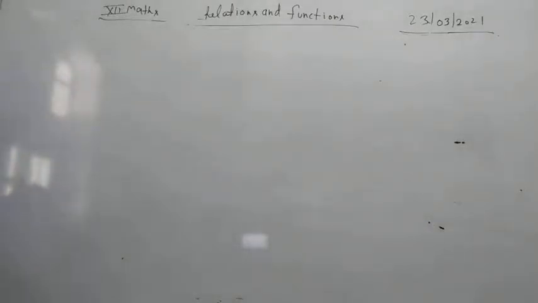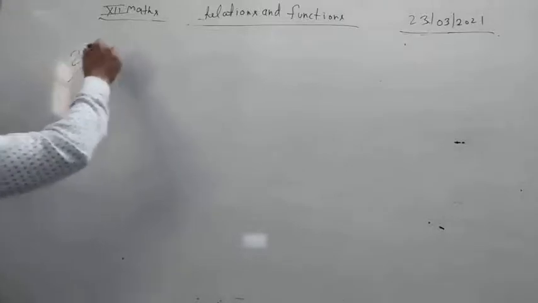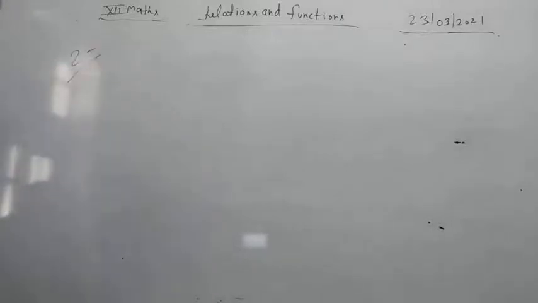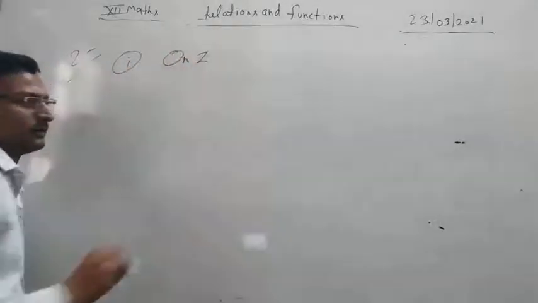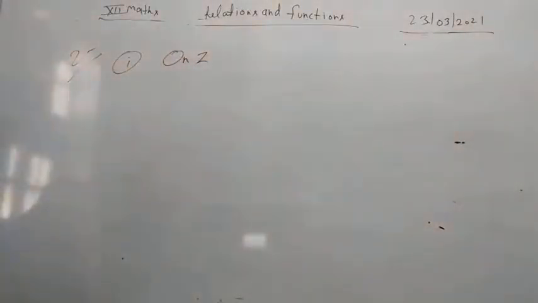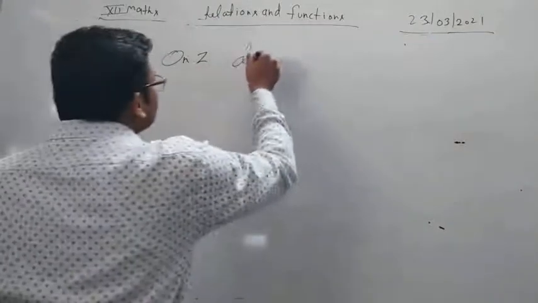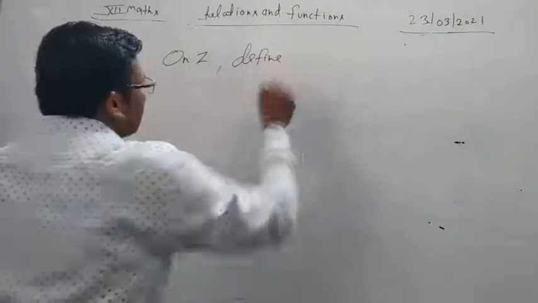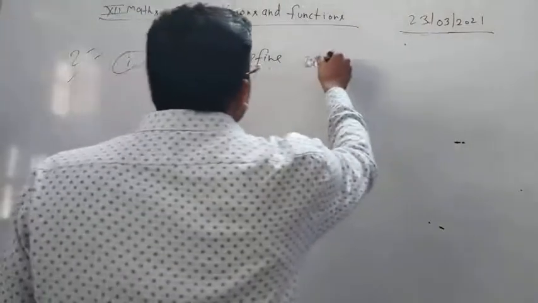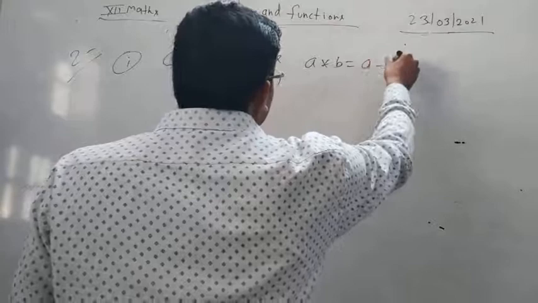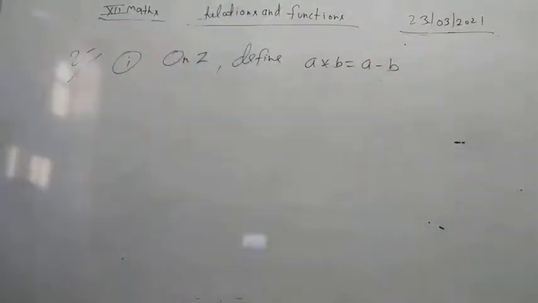For each binary operation star defined below, determine whether star is commutative or associative. First, on Z, define A star B is equal to A minus B. Okay.